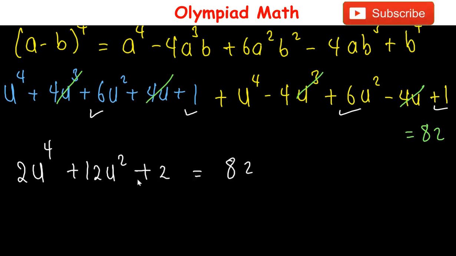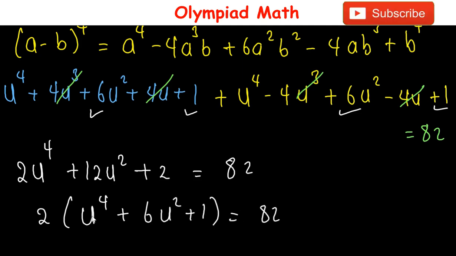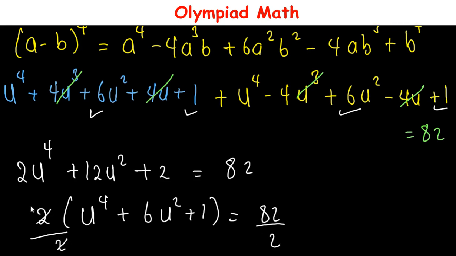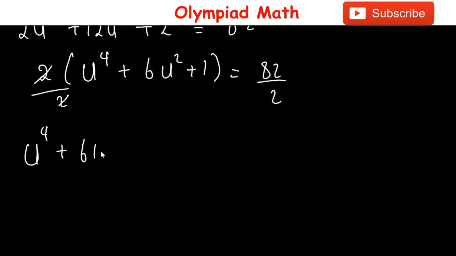Then factorize out 2 from this: 2 into bracket u to the power of 4 plus 6u squared plus 1 equals 82. Divide both sides by 2. So we then have u raised to the power of 4 plus 6u squared plus 1 equals 41.